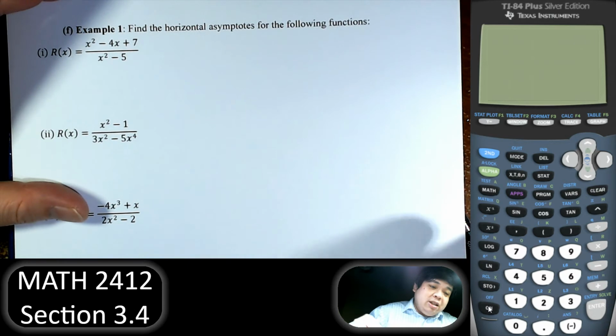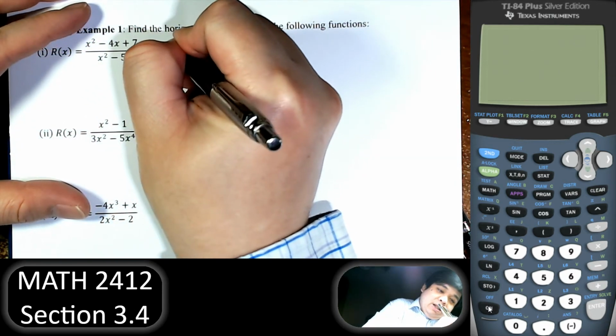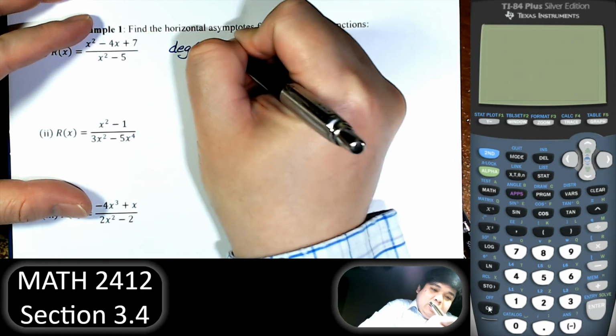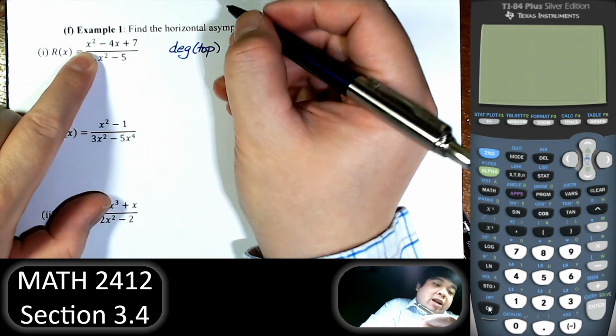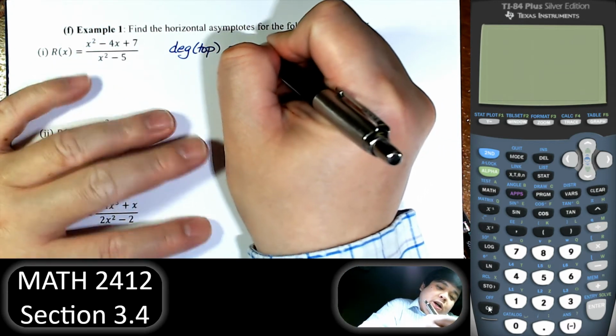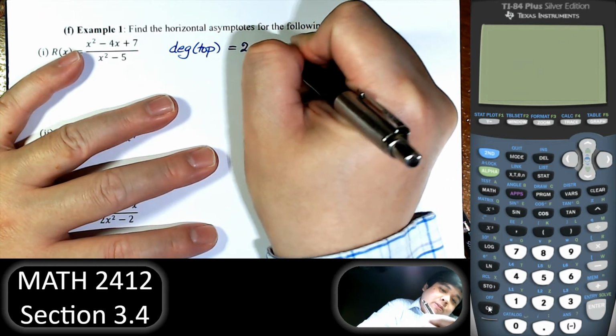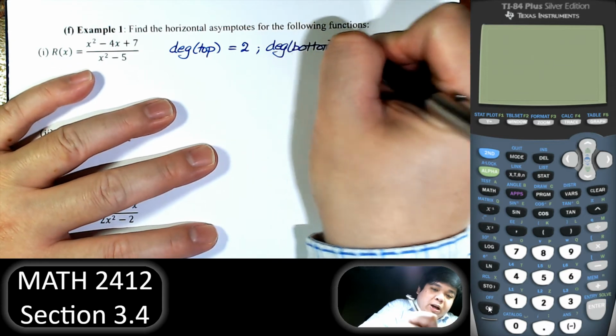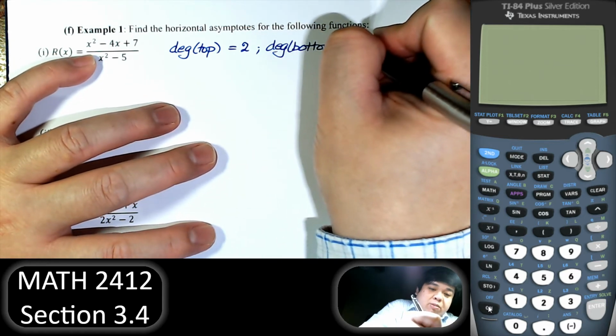All we have to say is, what is the degree on top? It's the highest power of x on the top, which is 2. Degree at the bottom, highest degree of x at the bottom is also 2.